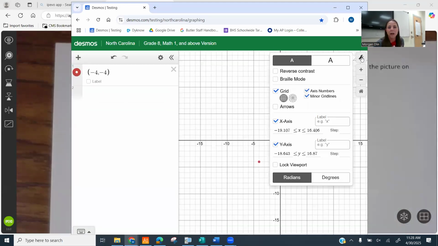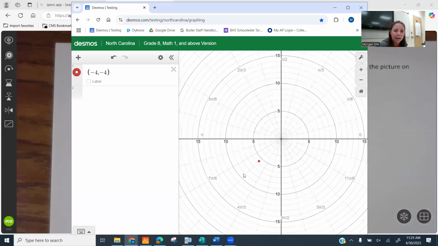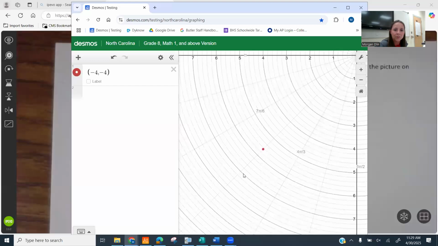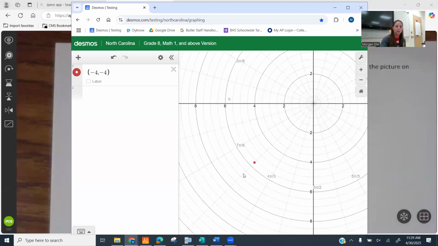Now what I'm going to do is make the circle, because you want to know, find the measure of each angle in standard position. Well, where is this lying? This is lying on this line right here. And as I zoom in, do you see it's at 5 pi over 4?